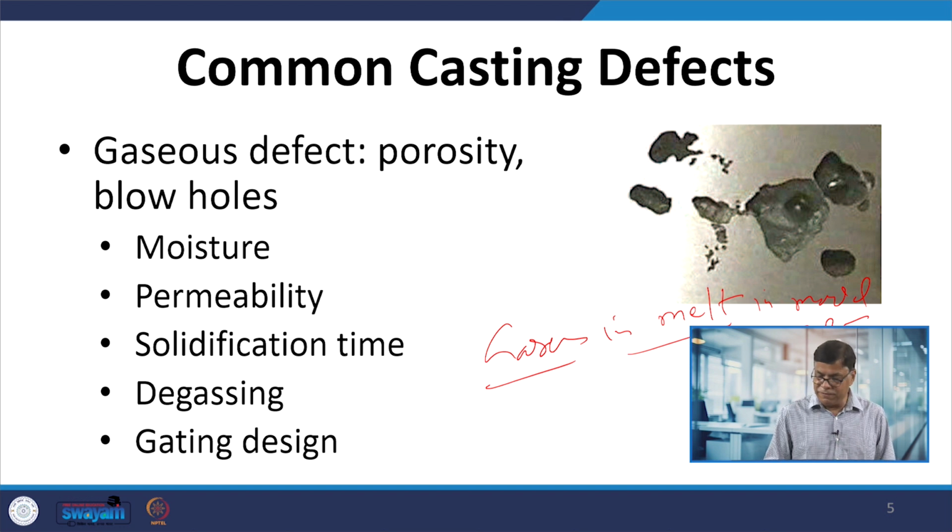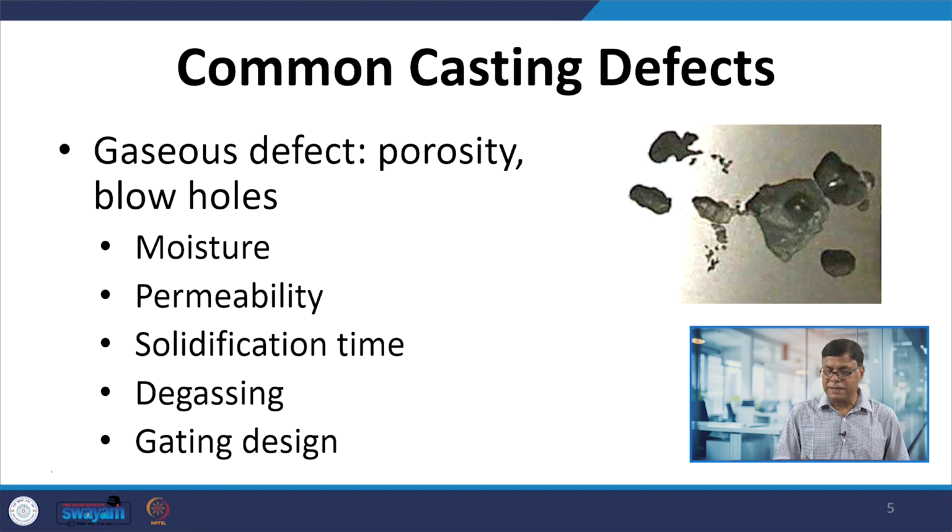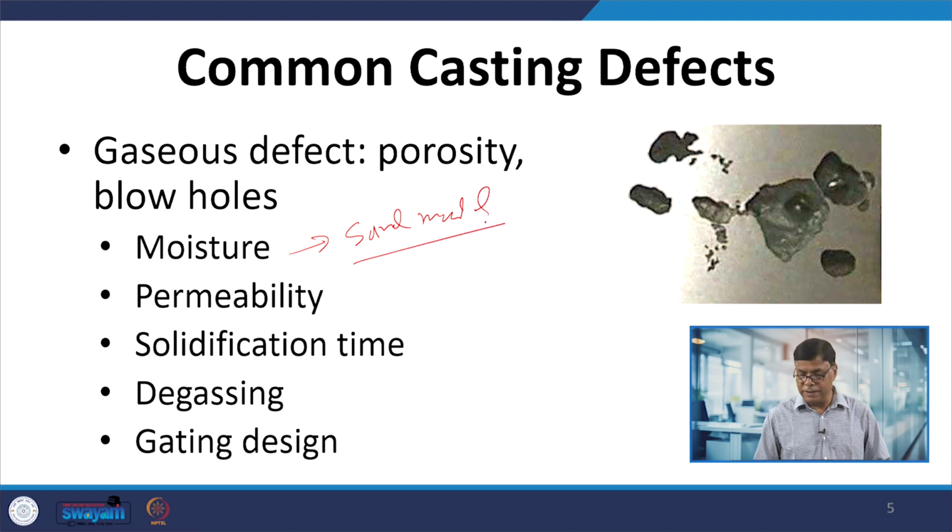So, there are many factors which promote the gaseous defects in the casting, and a few of these major factors are like, in case of the sand mold casting, if the moisture is too much, then the moisture in the mold, if this is excessive, then as soon as the molten metal is poured in, the moisture evaporates, and that goes with the molten metal.